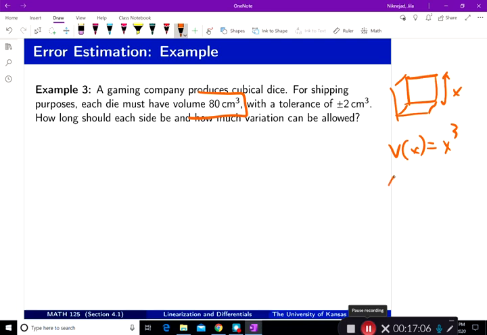That means that we want delta V to be less than 2 cubic centimeters.